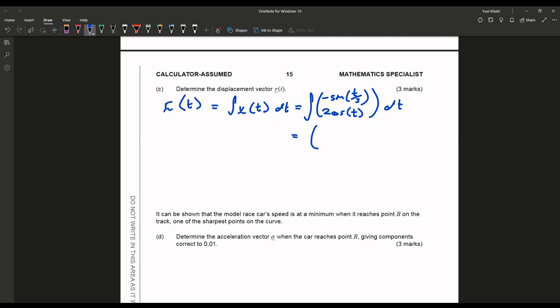And we get that as 3 cosine of t over 3 plus c, don't forget constants, and 2 sine of t plus k.